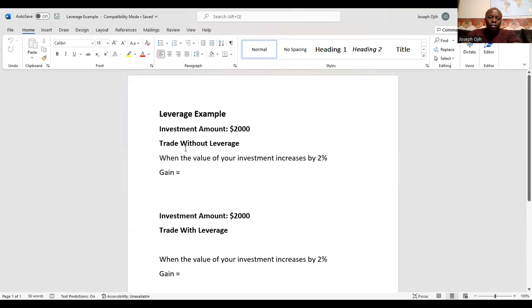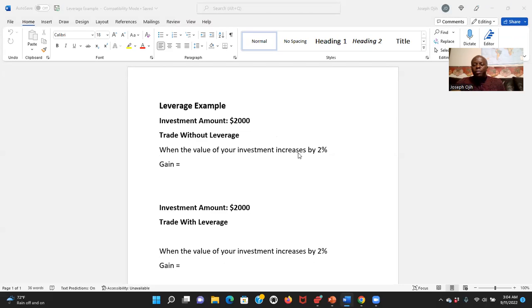So let's look at this trade without leverage. Suppose the investment value increased by, say, 2%. Suppose the size of your investment increased by 2%.